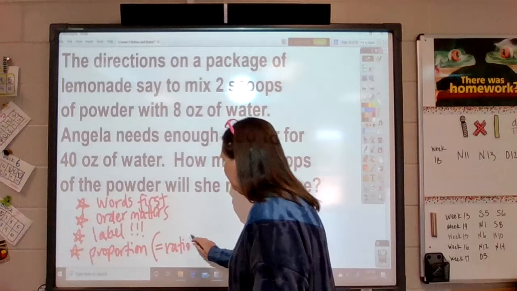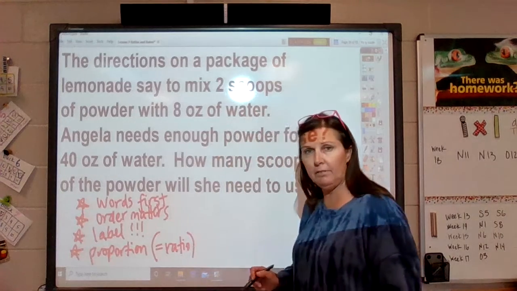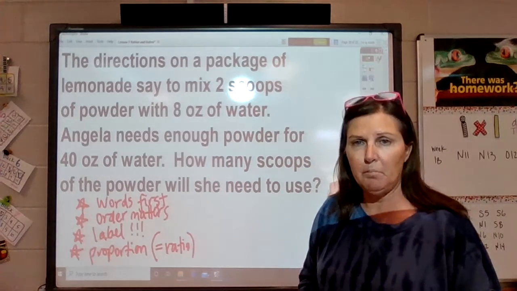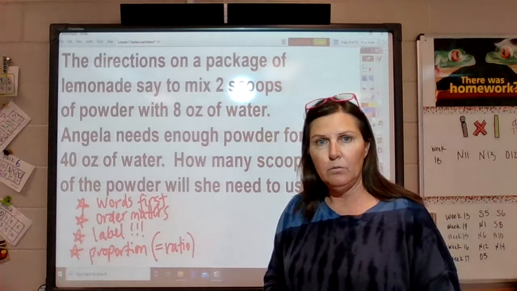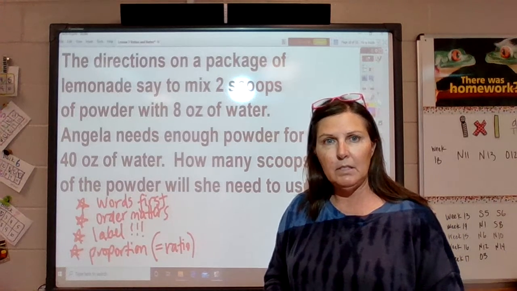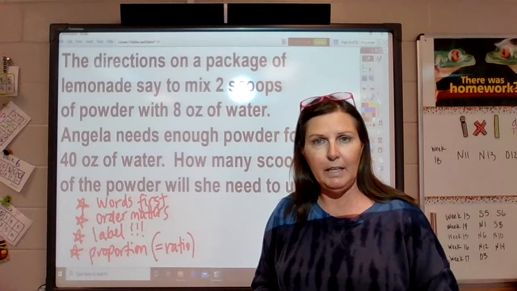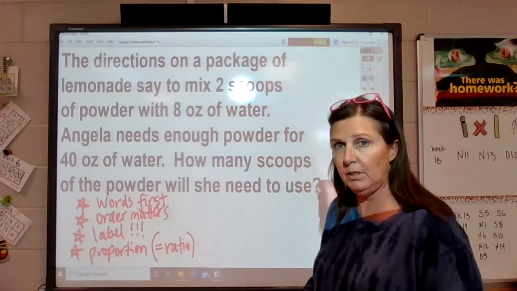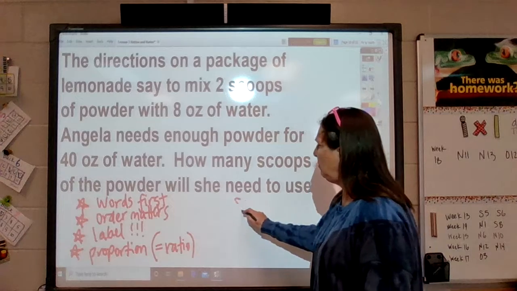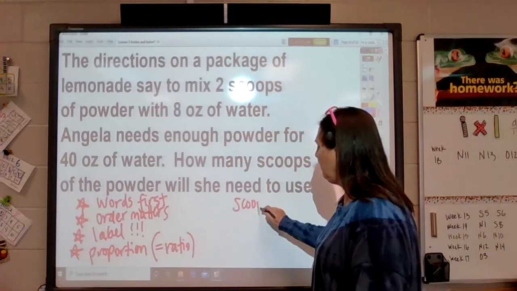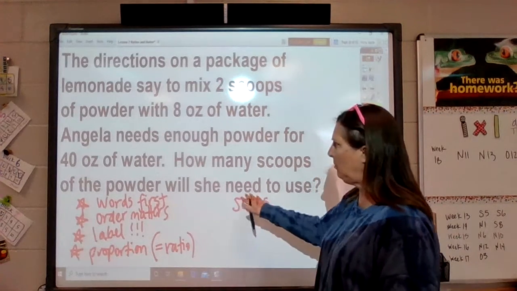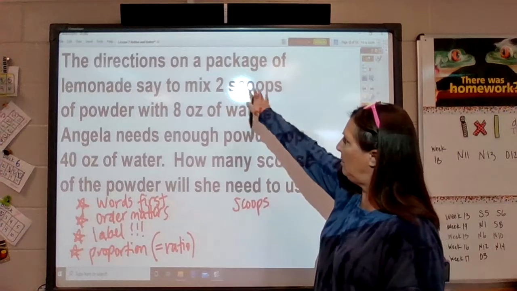to solve it. All right, so in this case, we're going to figure out first what 2 things we're comparing. It says mix 2 scoops of powder with 8 ounces of water. So our 2 things we're comparing in words would be scoops of the powder. So you can put the word scoops or you can put the word powder.